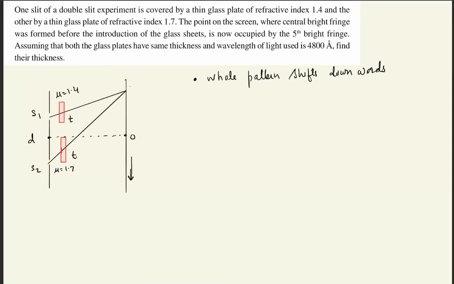Now you can see what is given in this problem is that the central bright fringe formed before the introduction of the sheet is now occupied by the fifth bright fringe.